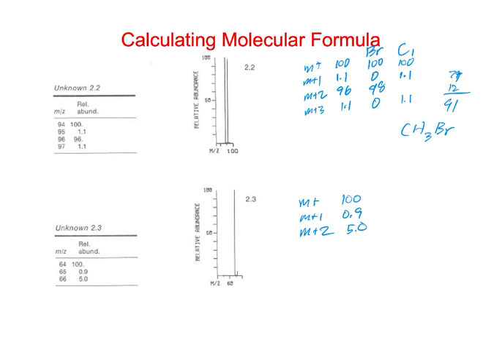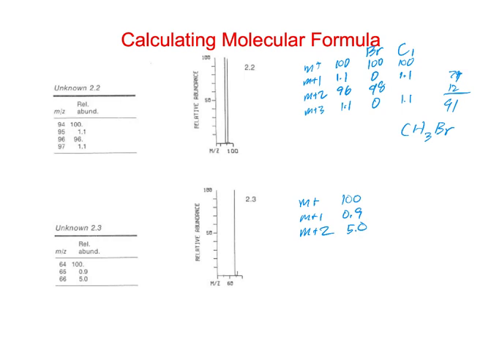So what do we look for first? You look for any M plus 2 elements. And what do you think about that? There are some, but it's not big, so not chlorine or bromine. It'd be either sulfur or silicon, right. I don't have the table in front of me, but oh, yeah, right.